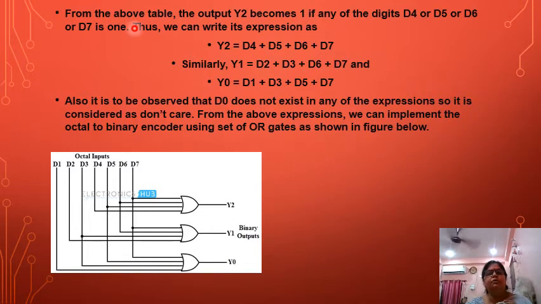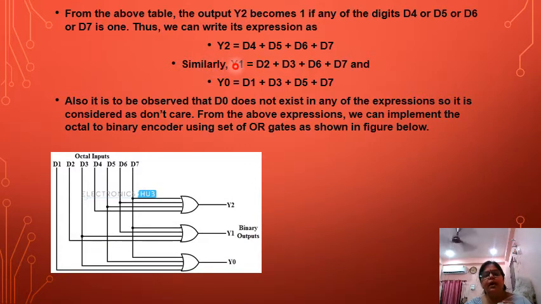Now see, from the above truth table, we will say that output y2 becomes 1 if any of the digits d4, d5, d6 and d7 is 1. Thus, we can write its expression as y2 = d4 + d5 + d6 + d7.